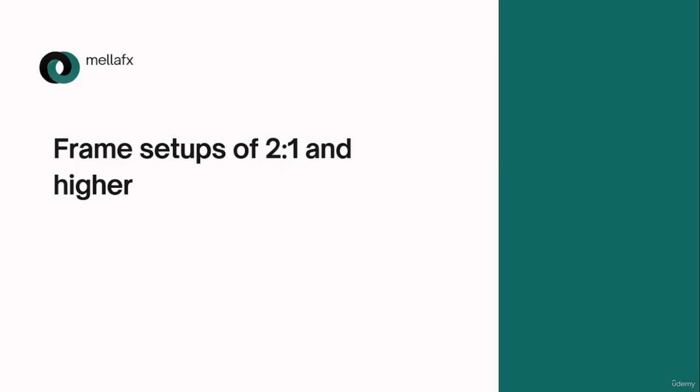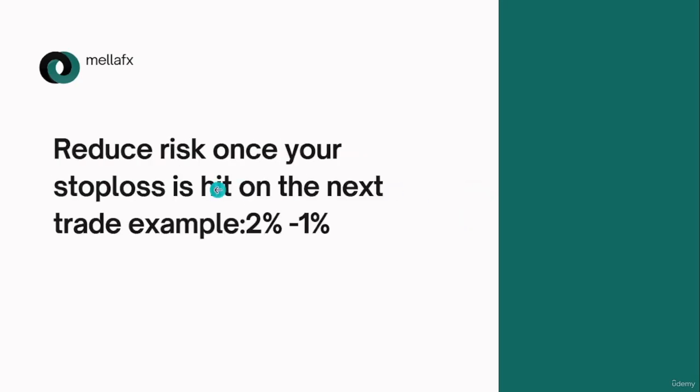Imagine, from the calculation that we had in the previous video, framing setups of 2:1, 3:1, 4:1, 5:1. If you frame setups that can achieve a high risk to reward ratio, from 2:1 and higher, then as we saw, you are able to recover and mitigate the losing trade.